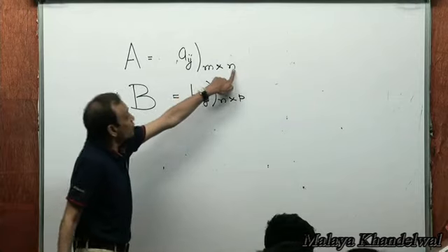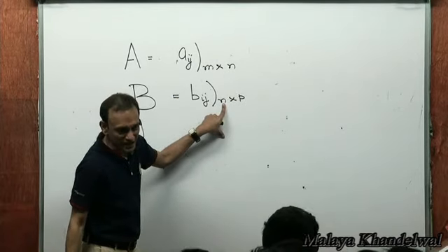That means the number of columns of A must be equal to the number of rows of B, right?